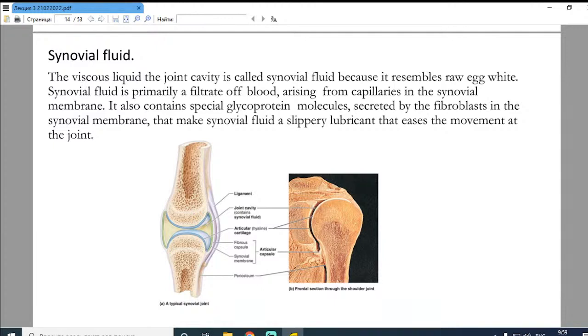It also contains a special glycoprotein molecule secreted by the fibroblasts in the synovial membrane that makes synovial fluid a slippery lubricant that aids movement at the joint.